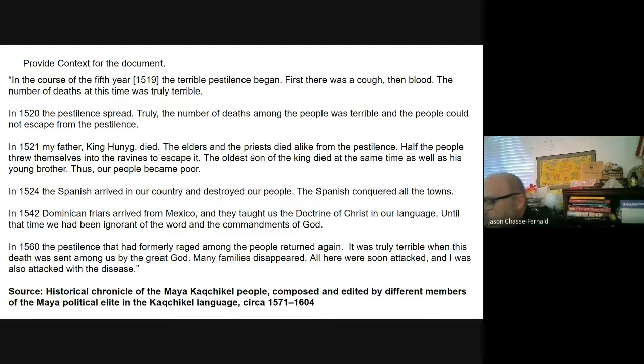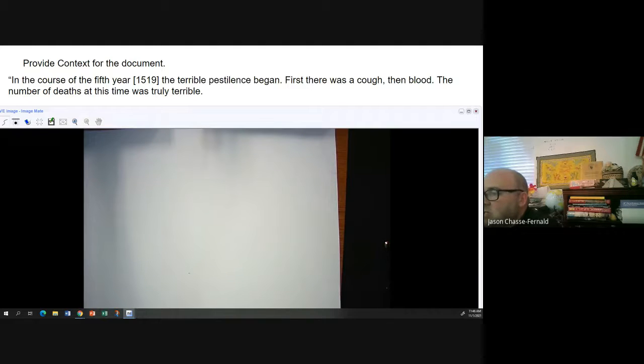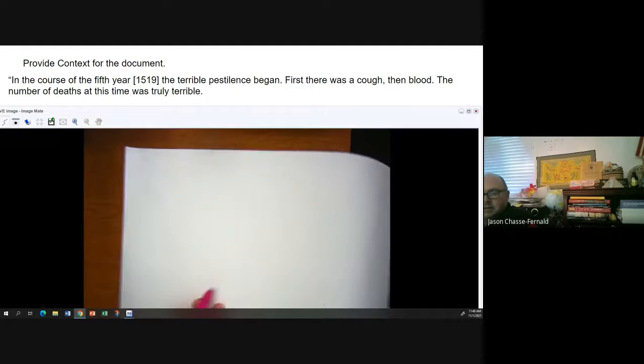So just before we get up and running on this, just want to remind you what contextualization means. All right, so let me go ahead and write this down for you. So, contextualization. Zoom in.